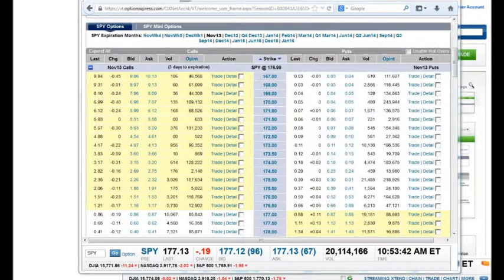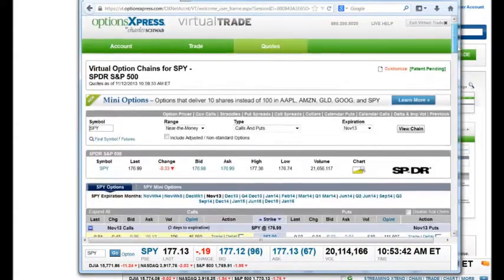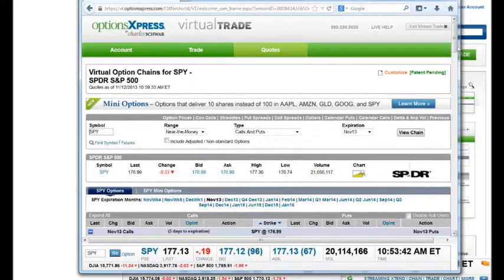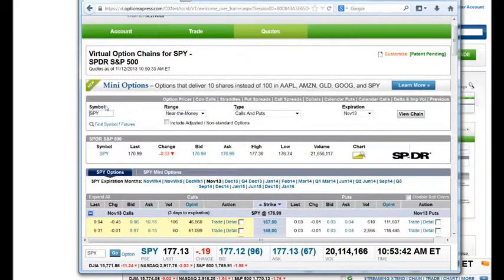Now, options are available in specific months at specific prices, and these prices are called strike prices. I'm here in a virtual trade account with Options Express. I chose this account because it's easily read.